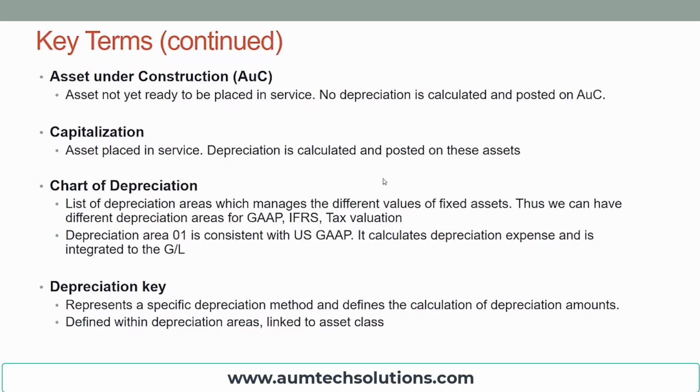But for the Companies Act or statutory purposes, depreciation will be calculated on another method called the straight line method. So the asset value is different in these two cases. For this, we have a chart of depreciation for the Companies Act, which will have the asset value as per the straight line method, and another chart of depreciation for taxation purposes, which has the asset value as per the reducing balance method.